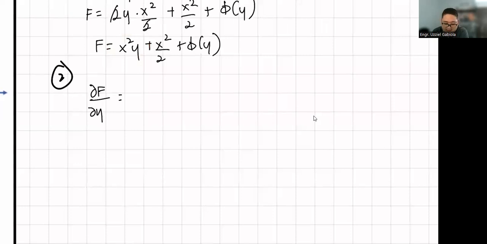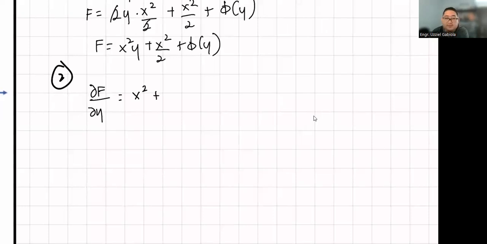Ano mangyayari kay x? Magiging constant. Okay? So, ano yung partial derivative ngayon ni f with respect to y? Yung first term muna, ano yung magiging partial derivative nito with respect to y? So, x squared.